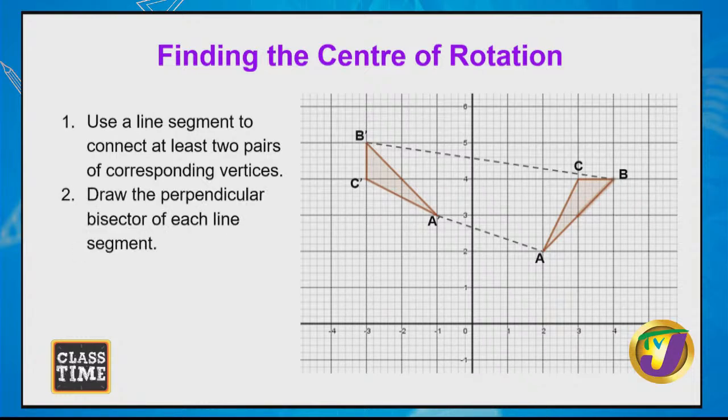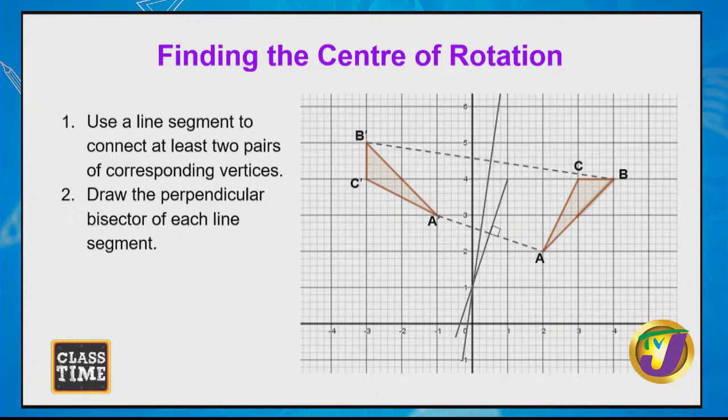So based on what we just discovered, we can draw perpendicular bisectors for these line segments, which we know are chords of circles that would have been used. So let's put in our perpendicular bisectors. All right, so we're seeing the first one come in. I remember perpendicular bisectors cut the line in half.